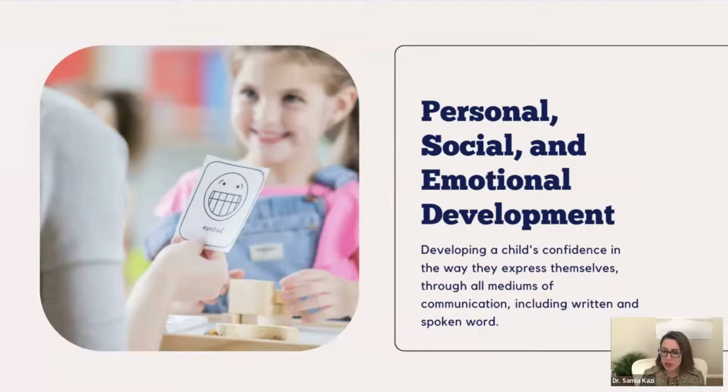Then the personal, social, and emotional development. So this area involves helping children develop a positive sense of themselves. So simply, for example, a very small example would be when a child colors or paints something or prepares some kind of artwork, and then they show it to us as an adult.